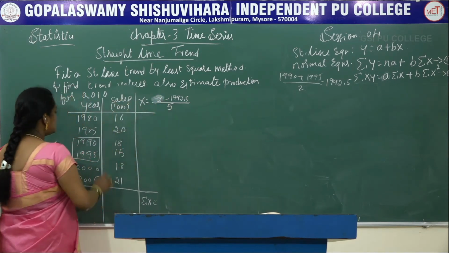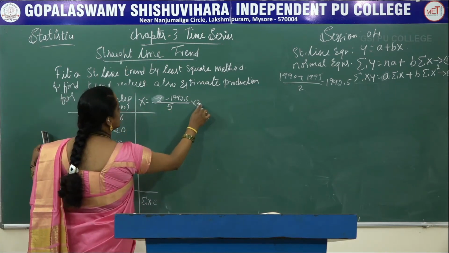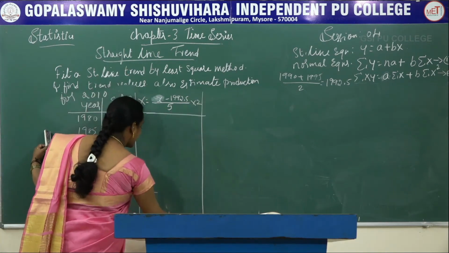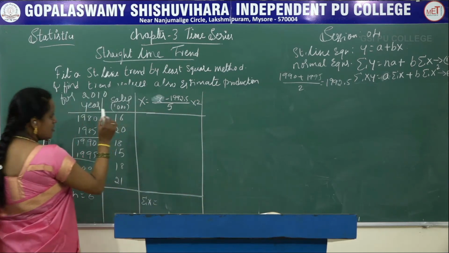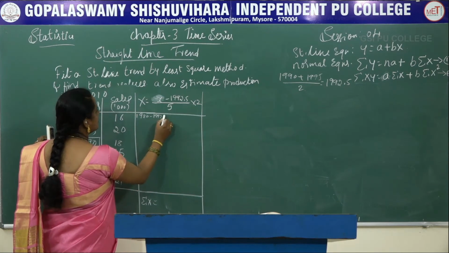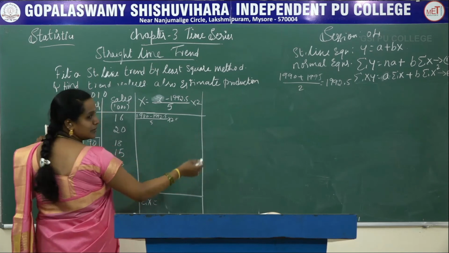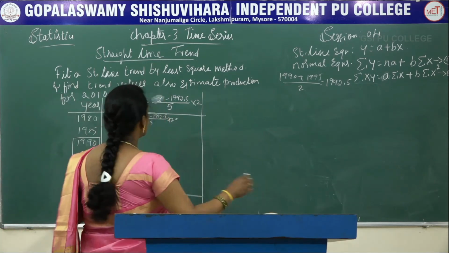Here it is capital X, and the difference between the years is 5. Then you multiply this by 2, so I will show you once: 1980 minus 1992.5, divided by 5, multiplied by 2, so that you will get the value minus 5.